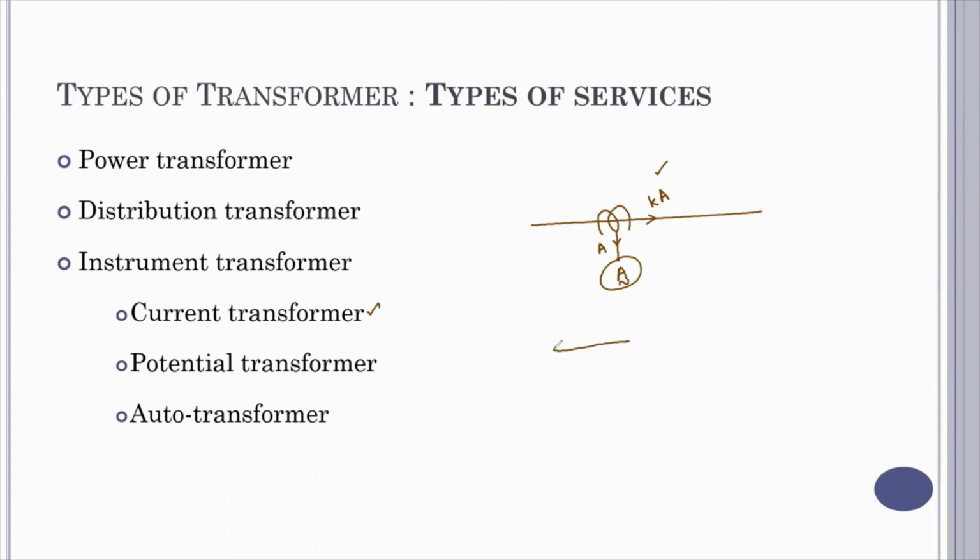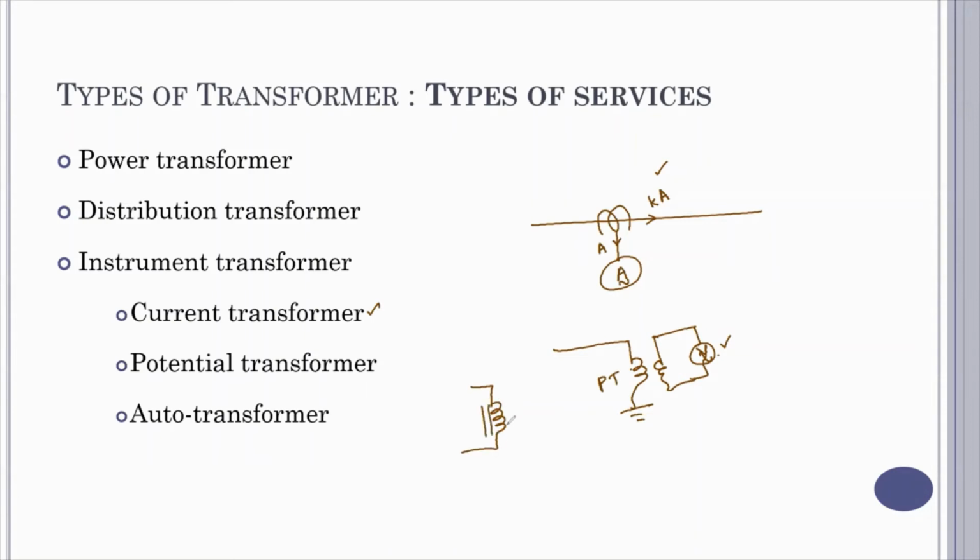And if we are going to step down the voltage and measure it using a voltmeter, okay, such transformers are known as potential transformers. So these potential transformers step down the voltage to a level that could be measured by a voltmeter. And an auto transformer is one which is used as a variac.